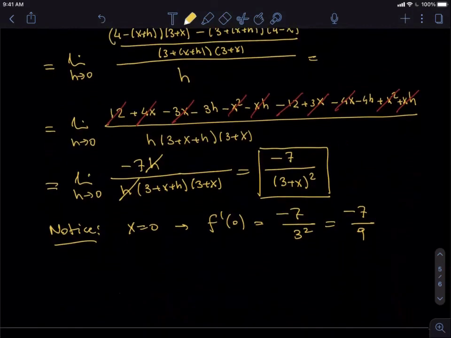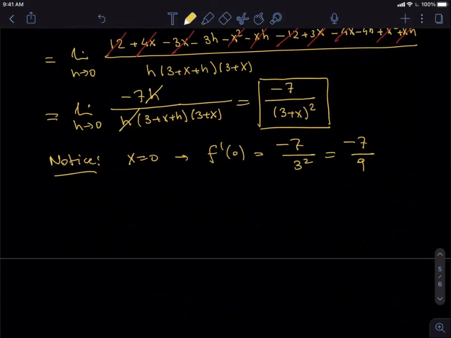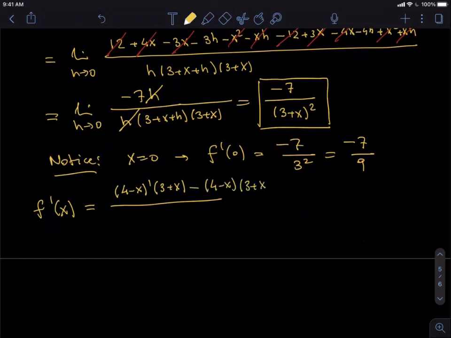Okay, if we wish, this doesn't answer the question and it's work on the side, not for grade, but we can always compute the derivative using the quotient rule to see if we did correct. So we have 4 minus x prime times 3 plus x minus 4 minus x, 3 plus x prime divided by 3 plus x squared.